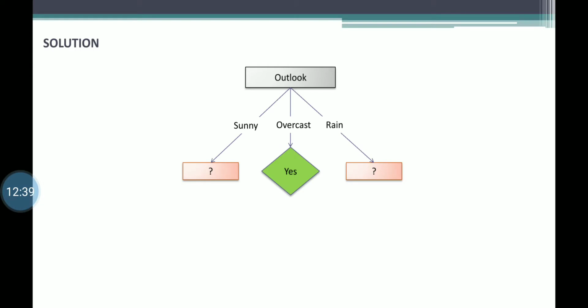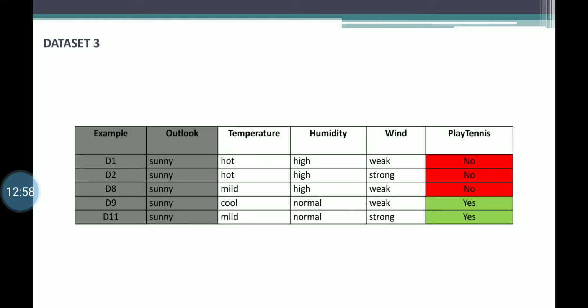So sunny and rain cannot result into a leaf node, but we have to create a node under sunny and rain for further testing. So what we have to do is extract the contents with respect to sunny and contents with respect to rain.